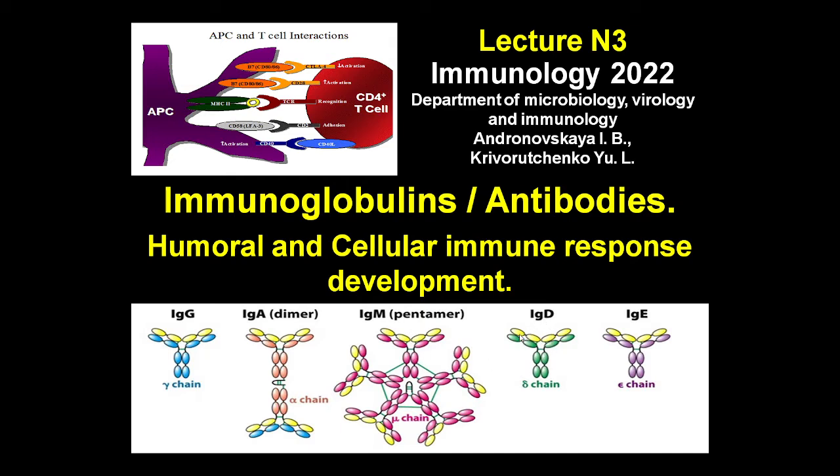The next, a monomeric molecule consisting of yellow and green components, so-called domains, is immunoglobulin D that serves as the membrane receptor of B cells for the antigen. And the right molecule that you see here, of yellow and purple domains, is immunoglobulin E that plays a very important role in the development of hypersensitivity allergy reactions.